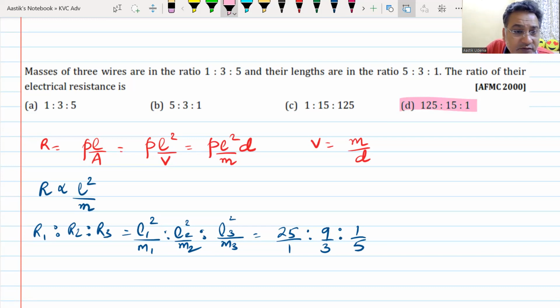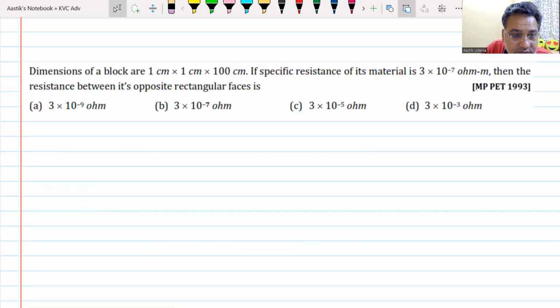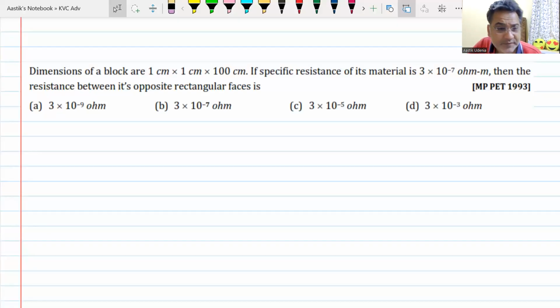Then I have this question for you. And I hope you can give me the answer first. Option B, sir, is the correct answer, sir. We just have to find out the distance between the rectangular faces.